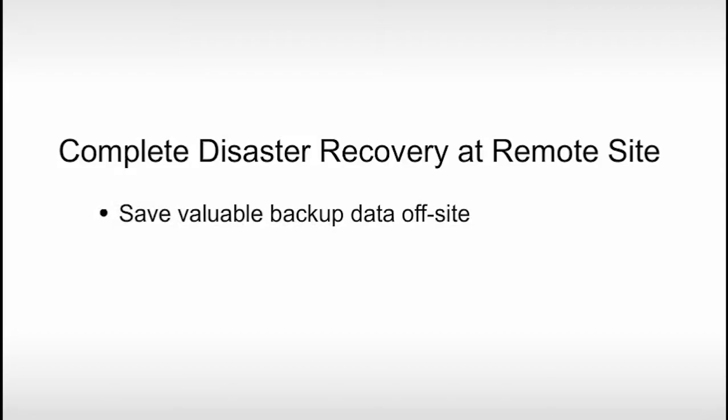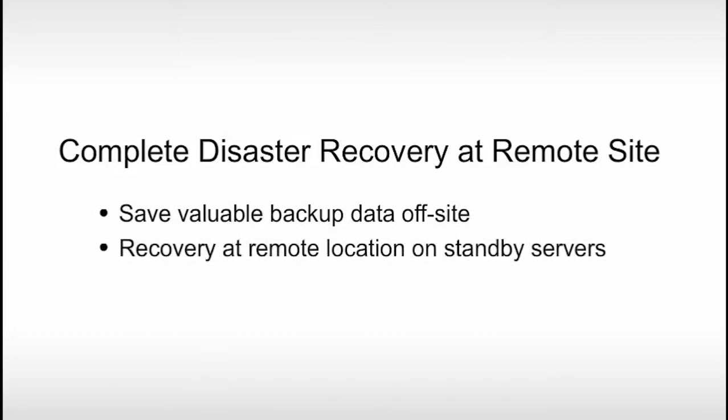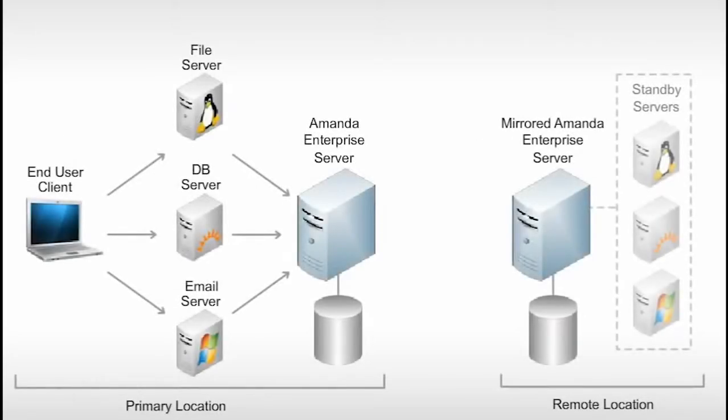If you want to implement the ability to do a complete disaster recovery on a remote site, you can do so with Zmanda's backup and disaster recovery solutions. Not only can you replicate valuable backed up data to a remote server, you can also recover your applications at the remote site itself. In this configuration, you maintain standby systems for your critical applications on the remote site.